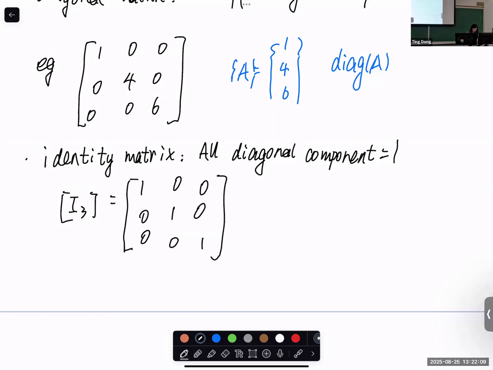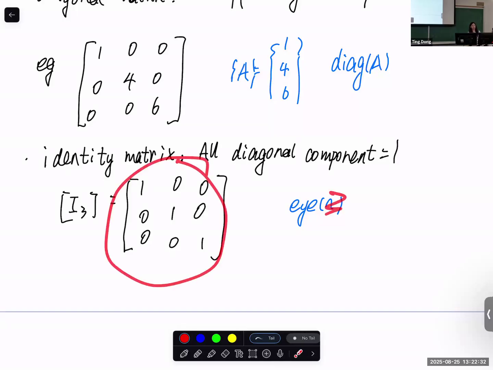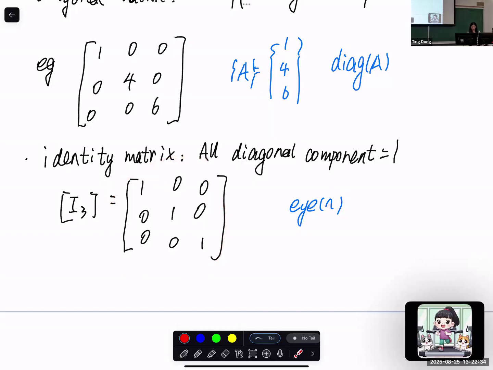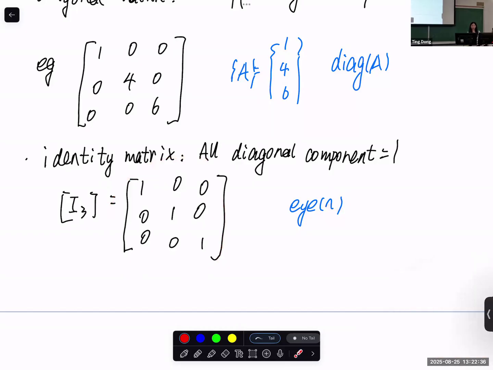In MATLAB, of course, you don't need to type all those things. You just use eye(n), where n is the size of the n by n matrix. If you use 3, MATLAB will generate this one for you, and if you use 1000, it will generate a 1000 by 1000 identity matrix for you.